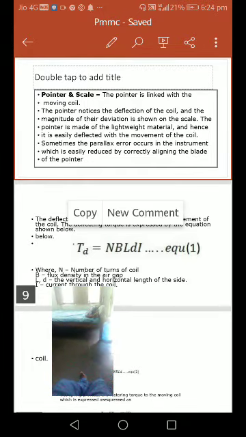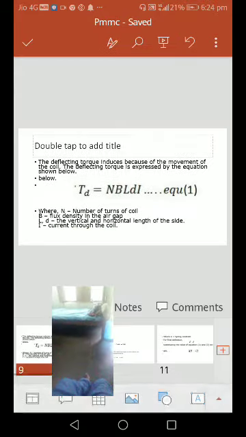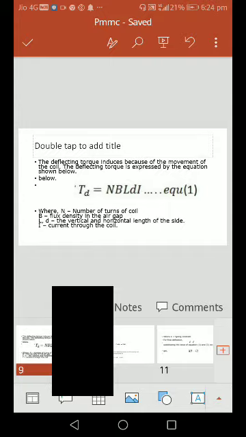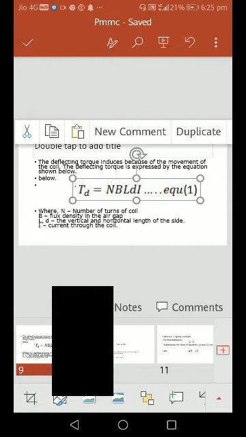Then the next slide is deflecting torque. Deflecting torque is induced because of the momentum of the coil.